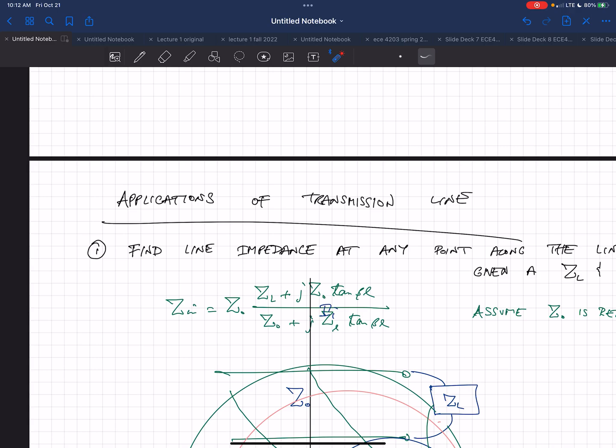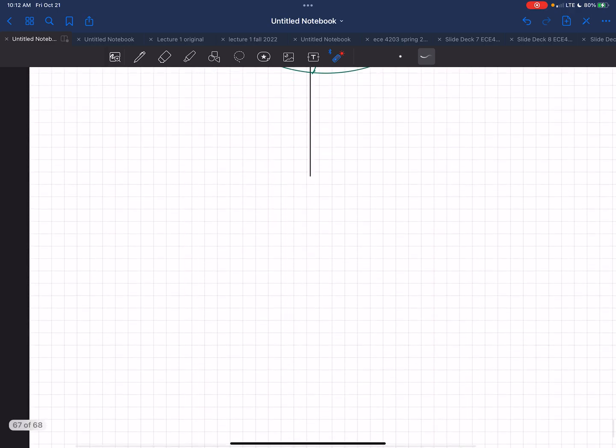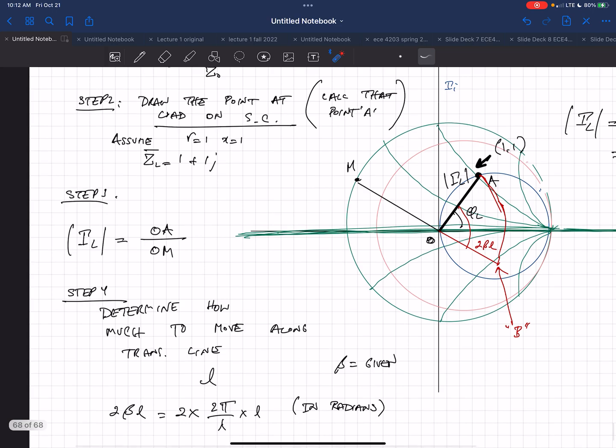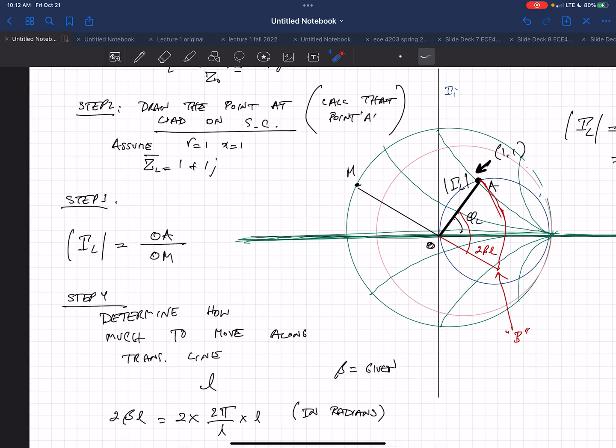So it seems like you're doing a lot of work here with this graph. Why am I doing this? Well, this also gives you a visual tool about how the impedance is changing as you're going along that transmission line. Let's say I want to work backwards and ask, at what point along that transmission line do I have a purely resistive impedance?